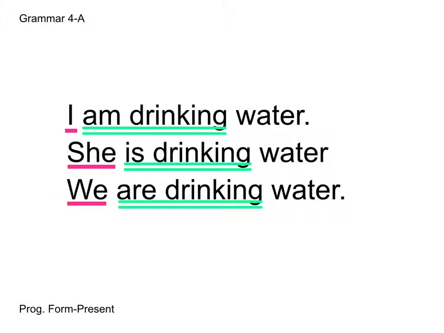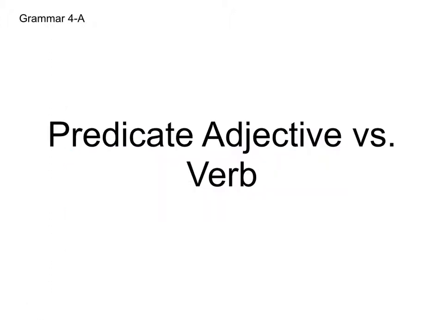Once again, since we have we as our subject, are is the appropriate helping verb, and ing is added to drink to create the progressive form. So pretty straightforward. Like I said, you just have to add the ing. The hard part is making sure you use the correct helping verb. Am, is, or are.